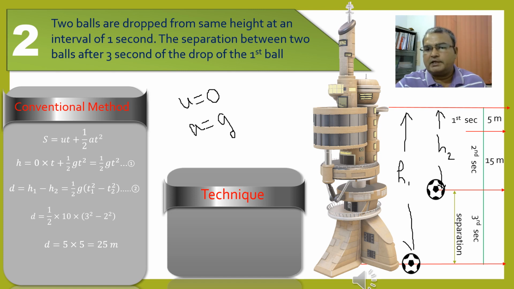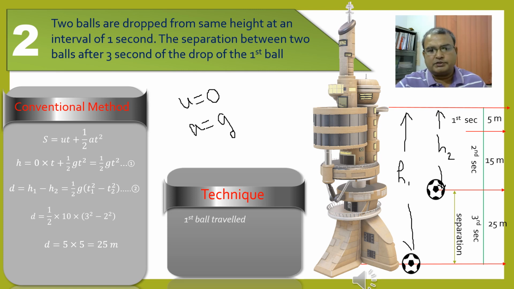In the second, the object travels 15 meters, and in the third second, 25 meters. Means h1 is nothing but the total 5 plus 15 plus 25. h2 is 5 plus 15. The separation is very transparent in the problem. It is 25. The answer is 25.